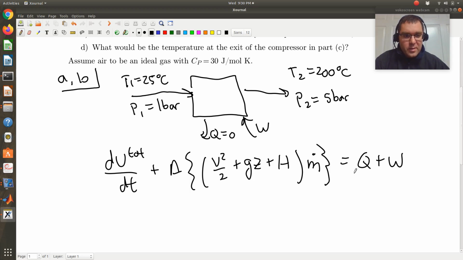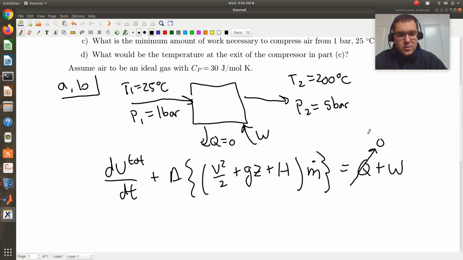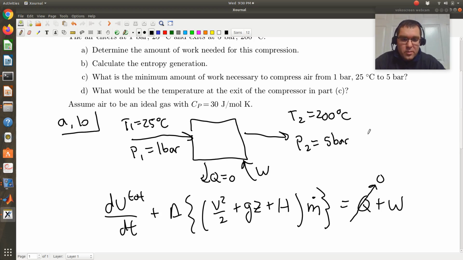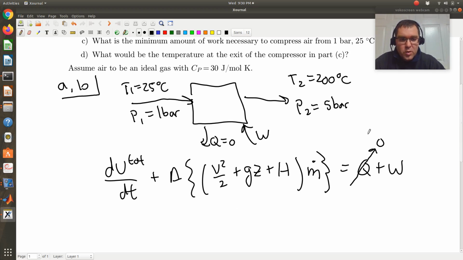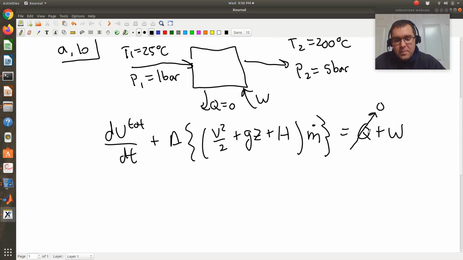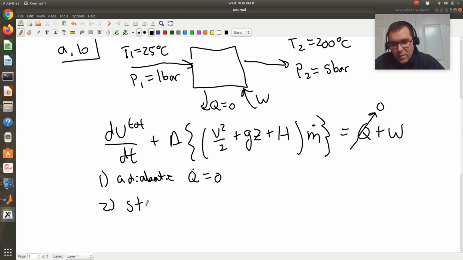All right, so in the problem, we're told that our process is adiabatic, so Q is equal to 0, which means that Q dot is equal to 0. Okay, we're told in the problem statement that we're operating at steady state conditions.